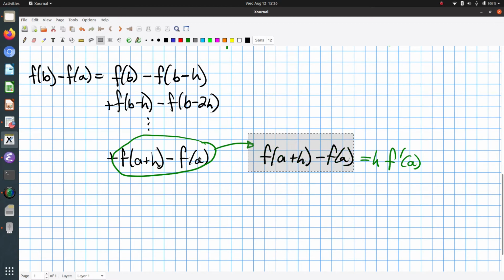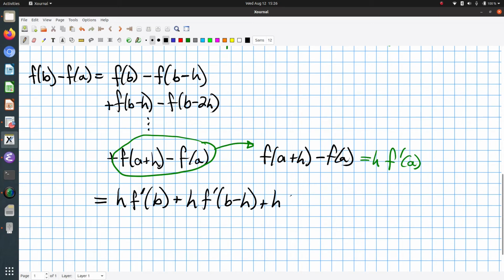So what this is really telling me is that this expression is h times f prime of b plus h times f prime of b minus h plus h times f prime of b minus 2h plus lots more terms.